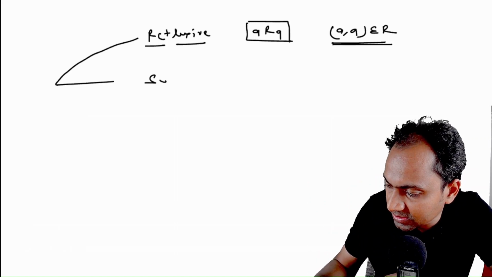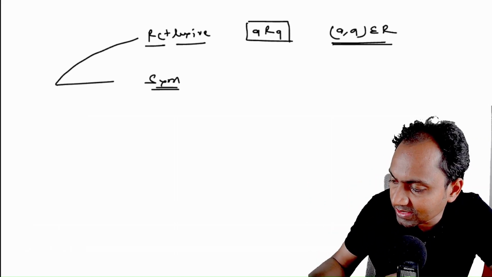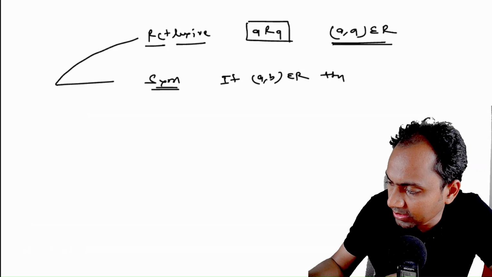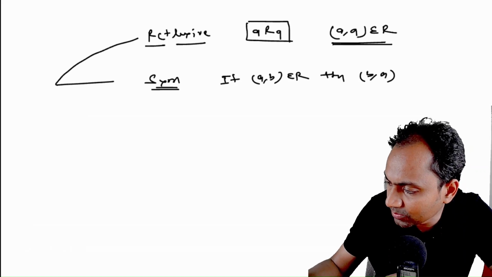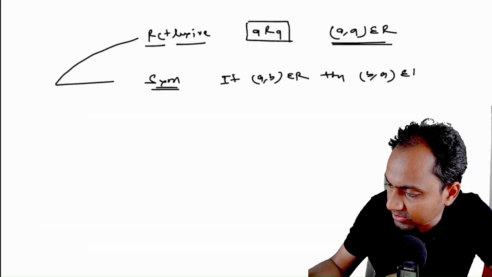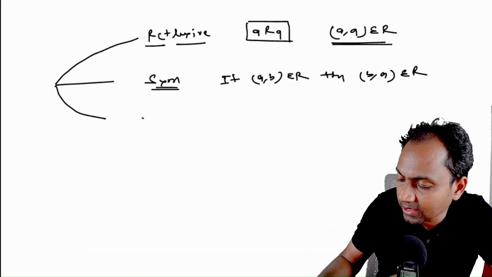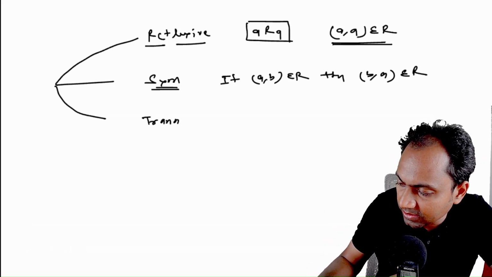Then another type is symmetric. What symmetric says is if (A, B) belongs to R, then (B, A) should also belong to R. So the order of A and B is not important. The third type is transitive.